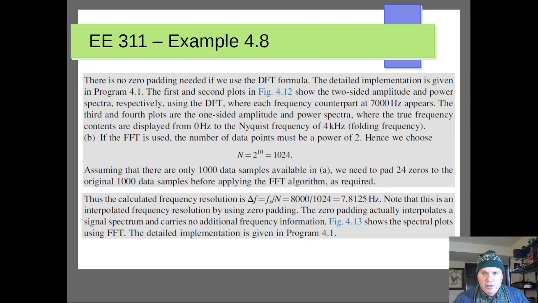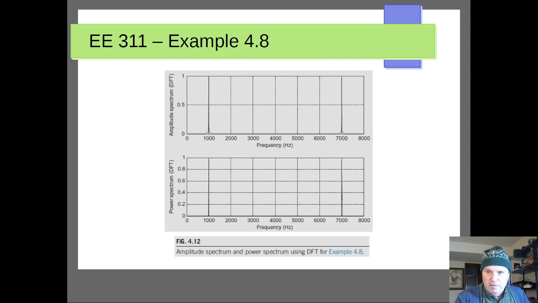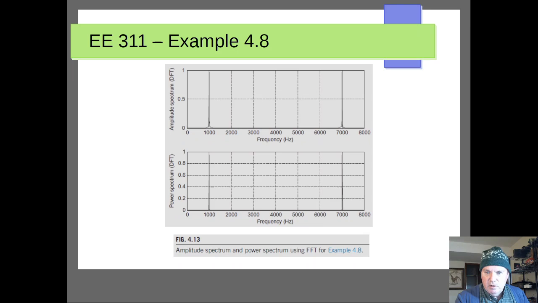You'll find in this case that the FFT algorithm is much faster using 1024 samples than using 1,000 samples, but the frequency resolution is different. It's 8,000 divided by 1024, or about 7.8125 hertz apart, instead of the 8 hertz apart that we had in the previous figure. But you get similar information.